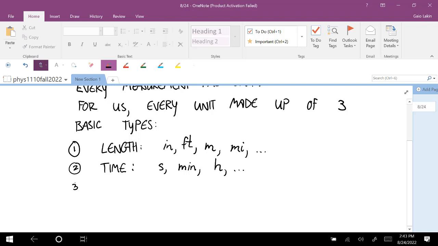And then the third one is mass. And that's grams, kilograms. In imperial units, English units, the unit for mass is a slug. You don't hear that very often, but that's what it is.